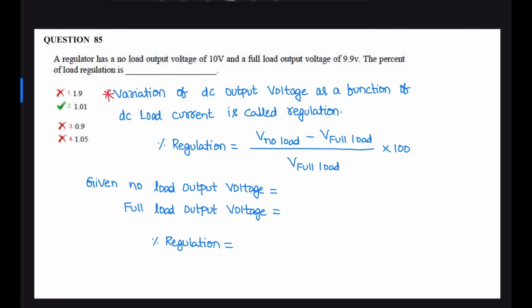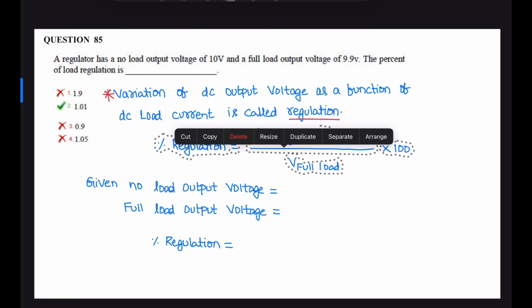Question number 85. A regulator has no load output voltage of 10 volts and full load output voltage of 9.9 volts. The percentage load regulation is? The variation of DC output voltage as a function of DC load current is called regulation. Percentage regulation is given as V no load minus V full load by V full load into 100.